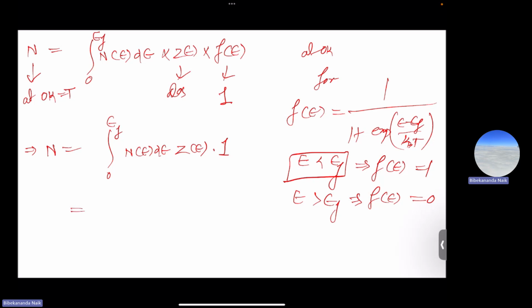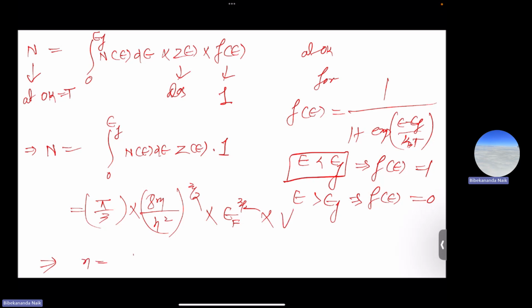If you calculate, it will be pi by 3 into 8m by h square to the power 3 by 2 into EF to the power 3 by 2, into V. If you take V to the left hand side, it becomes N by V, the number of electrons per unit volume, which is the number density of electrons, equal to pi by 3 into 8m by h square to the power 3 by 2 into EF to the power 3 by 2.